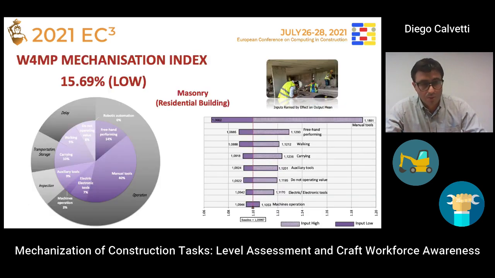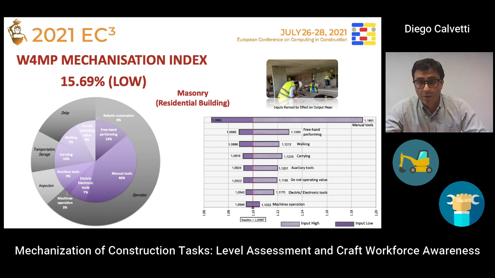The first one was a masonry activity in a residential building, and it achieved a low mechanization index. Only the brickwork was analyzed, without the coating. This activity is very manual, where the workers are handling the blocks and using manual tools to pour the mortar.